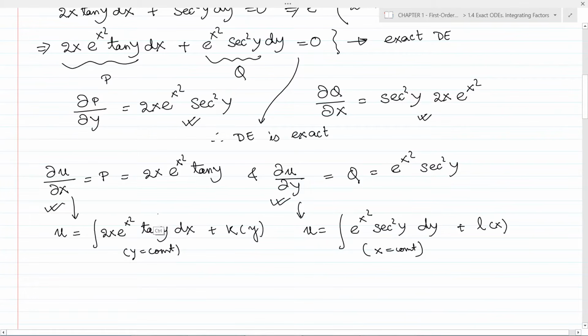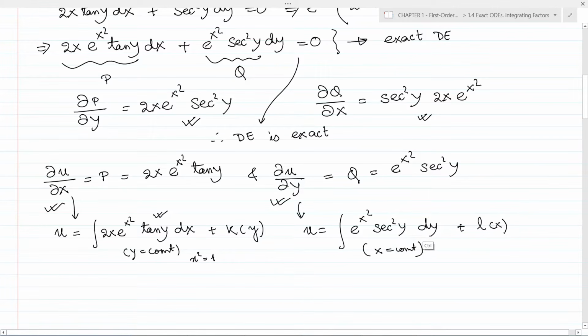You can see in the first equation, if we take y equal to constant, this tan y term comes out of the integration, and inside the integration is x e to the power x square, and we have to use substitution, that is x square equal to, let us say, t, to determine the first integral. However, for the second integral, since x is constant, this e to the power x square term comes to the outside, and integration of sec square y dy is directly tan y.